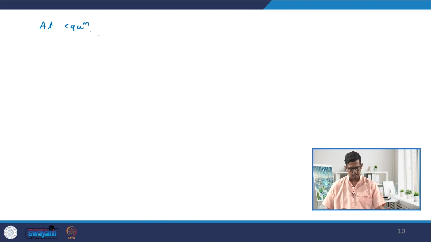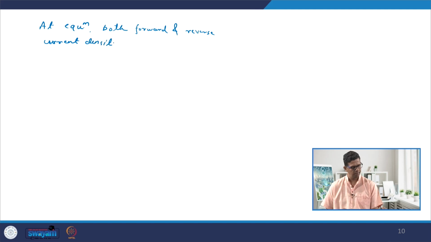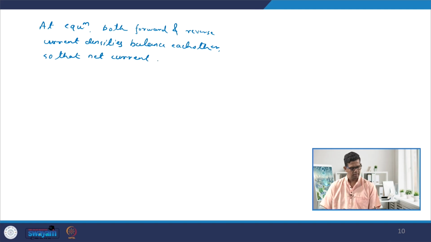At equilibrium, both forward and reverse current densities balance, basically both are the same, so they balance each other, so that the net current, or net current density, is 0.